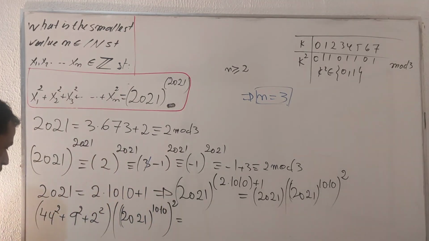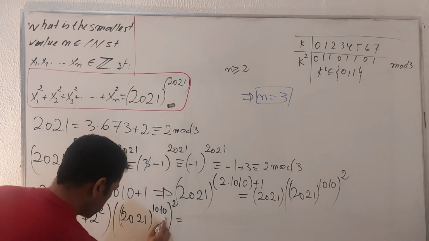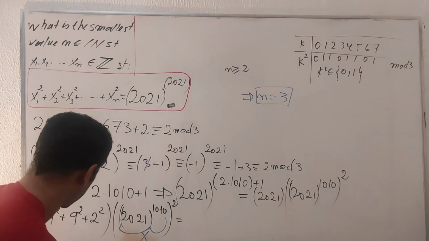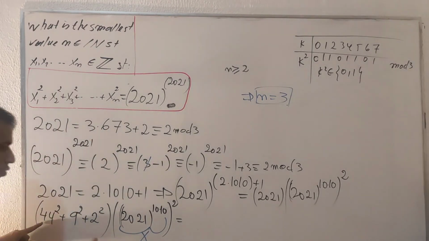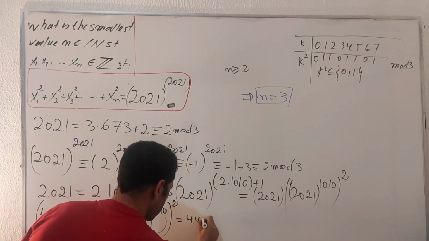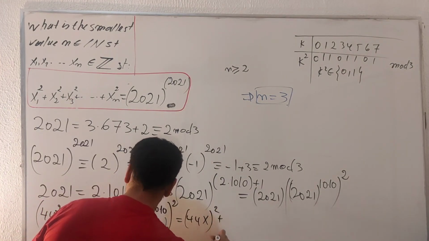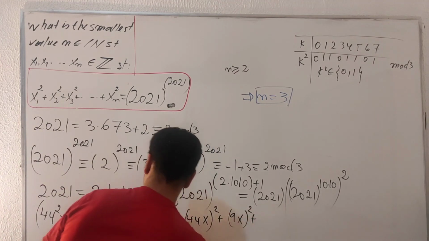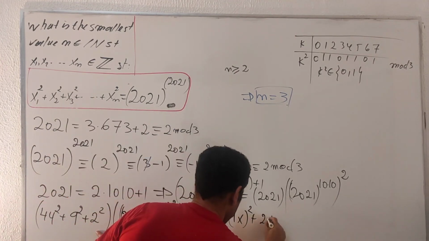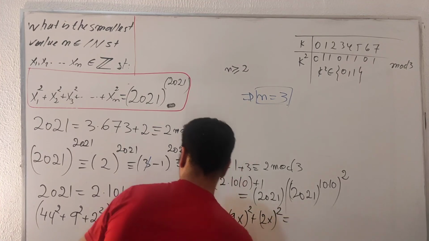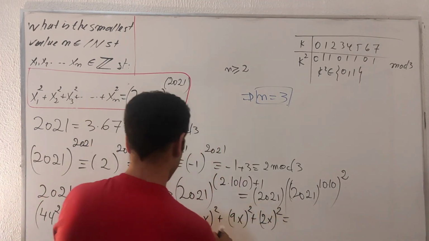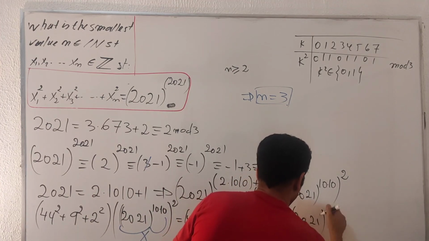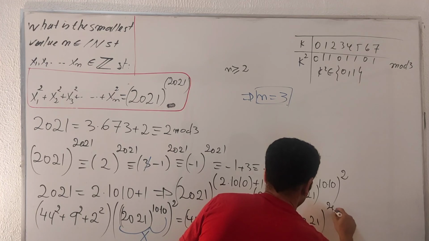Let's replace this one with capital X. This X is going inside these squares. I get 44X square plus 9X square plus 2X square equals this exponent, equals 2021 raised to the power 2021.